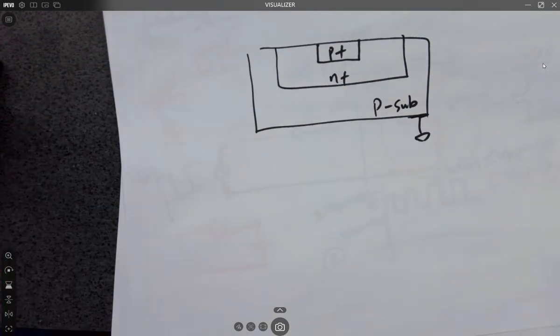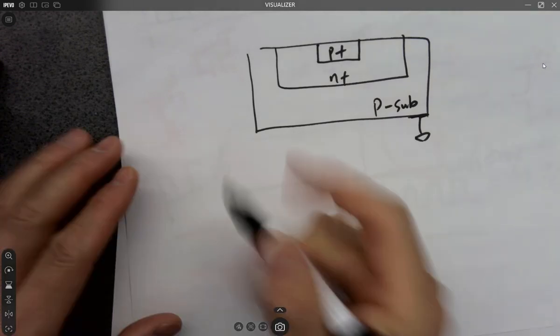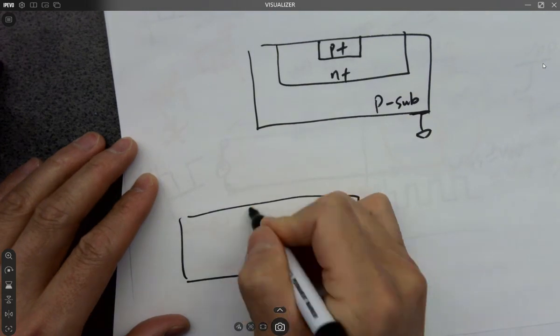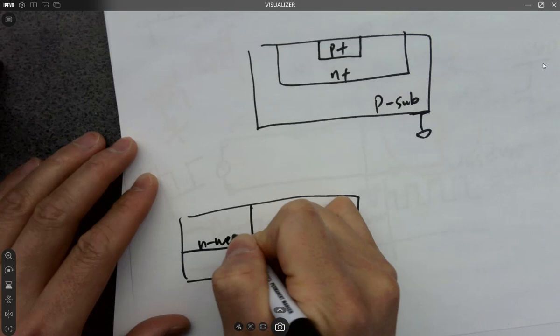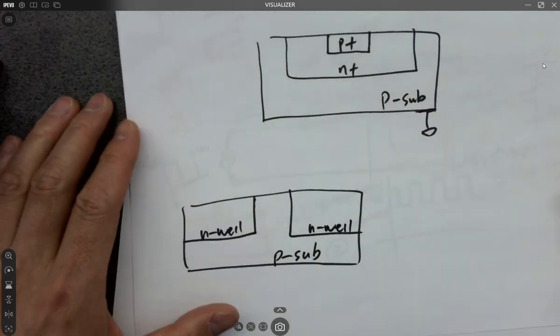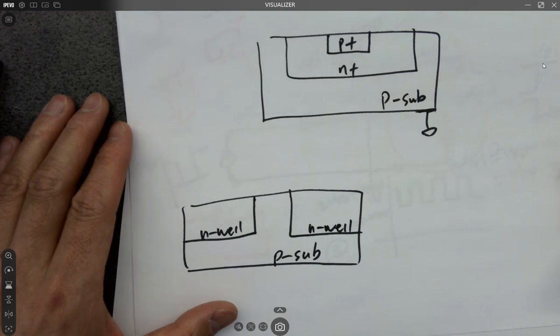Can you put PMOSes in different N wells? It works. Doesn't matter.